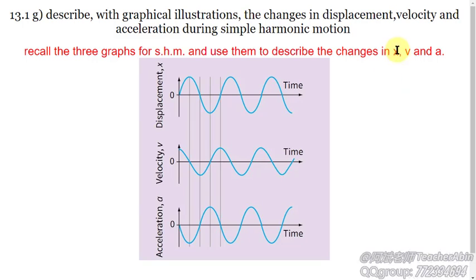But what we should note is that x, v, and a are all vector quantities. So the magnitudes of them are determined by their absolute values only. No need to consider their signs. What the signs of their values represent are just their directions.